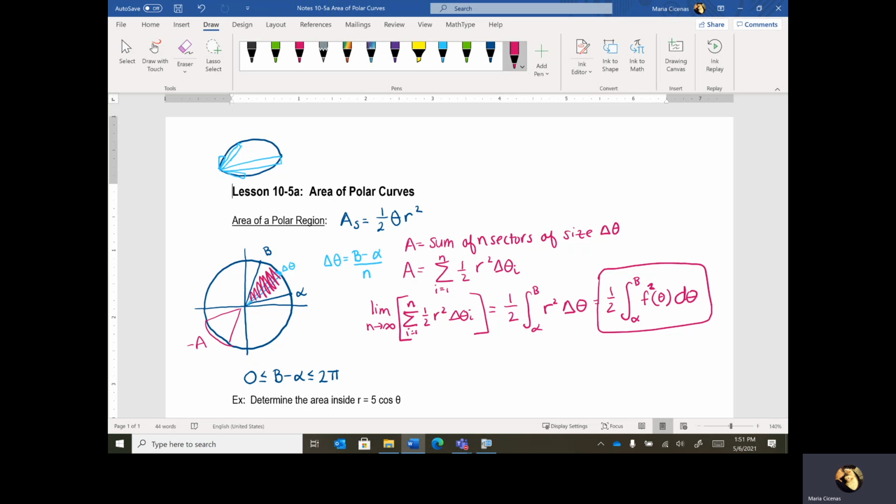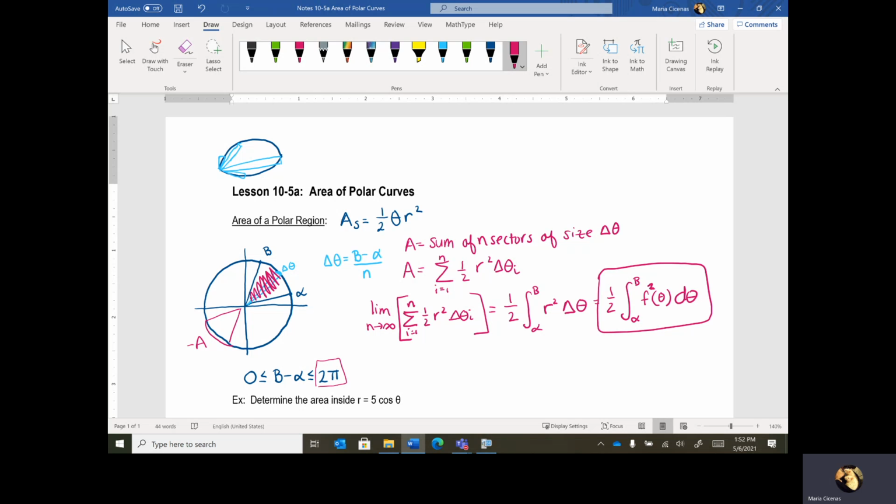But where we do have problems and issues that we'll want to avoid is where we're going between positive and negative regions. And if we are going over a region more than once, right? I specified that I only wanted to find the area of this circle, not accidentally go around the circle twice.